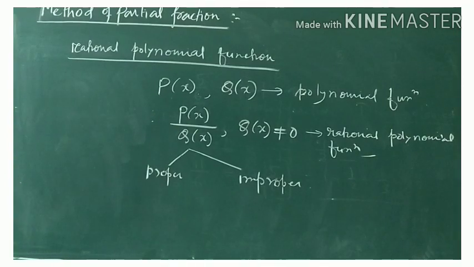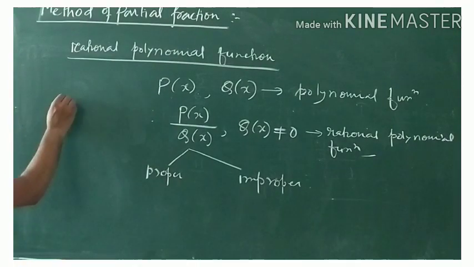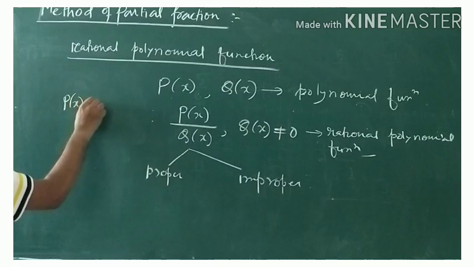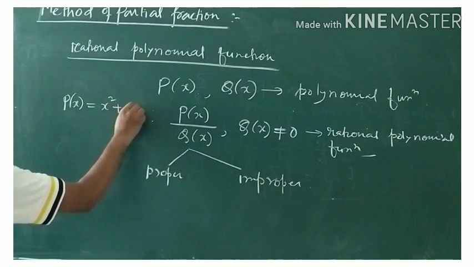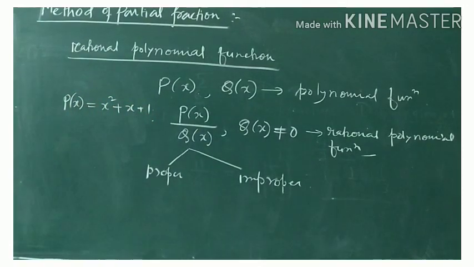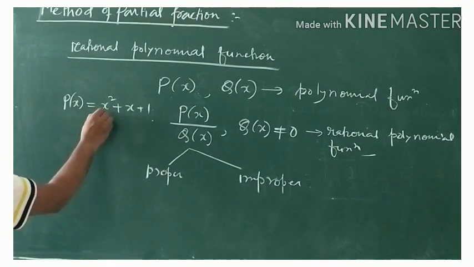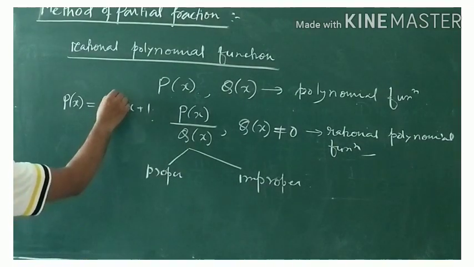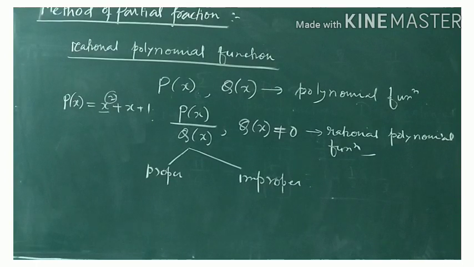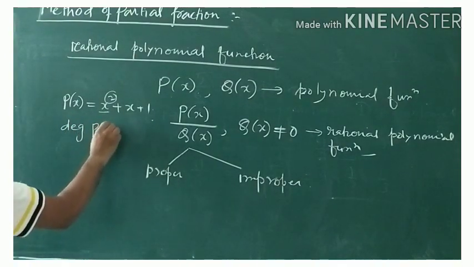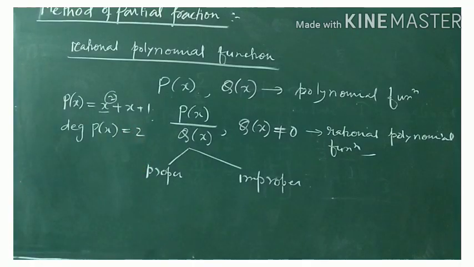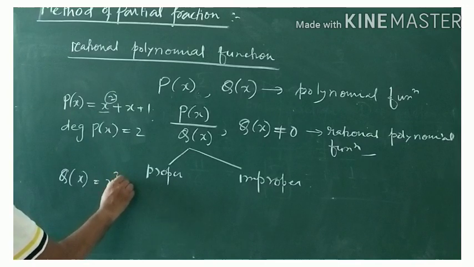Now I take an example. Suppose a polynomial function P(x) equals x square plus x plus 1. This is a polynomial function. What is the highest power of x? This is 2. The highest power of x is called the degree of the polynomial. Degree of P(x) here is 2. Suppose I consider another polynomial function Q(x) equal to x cube plus 1.